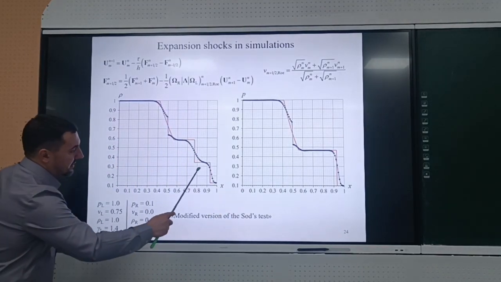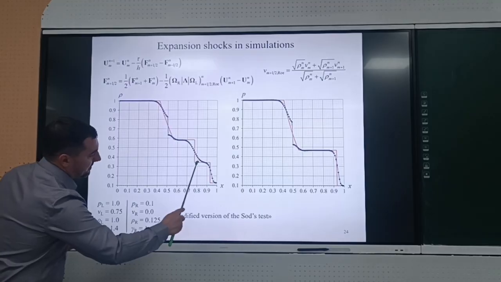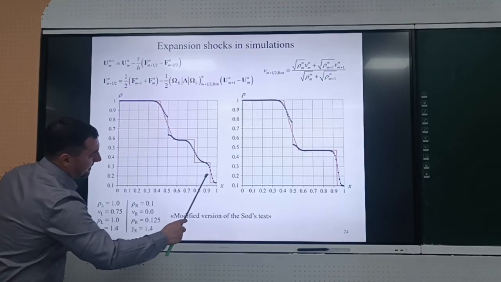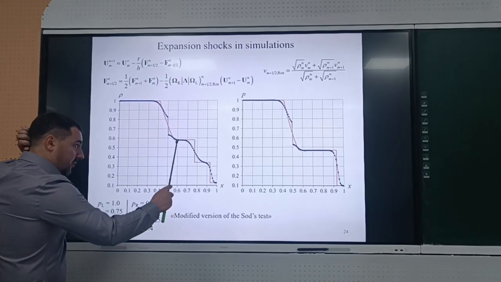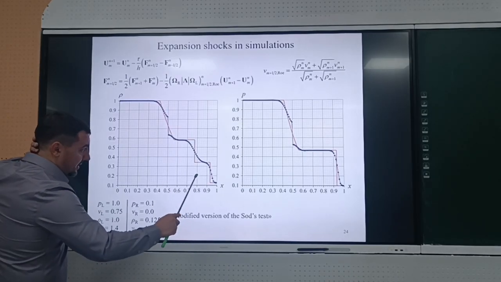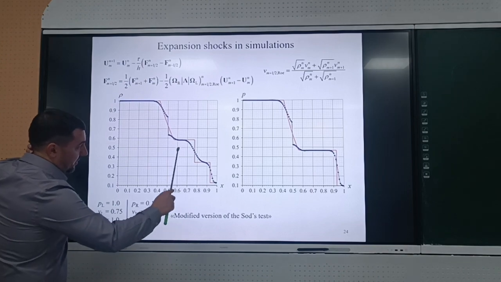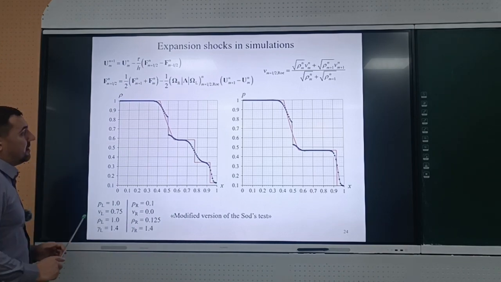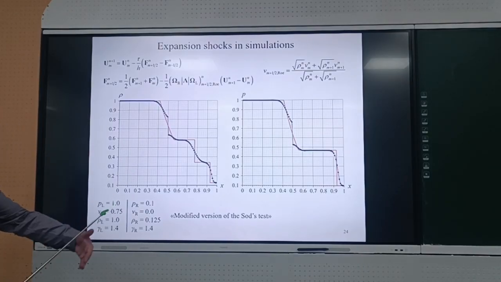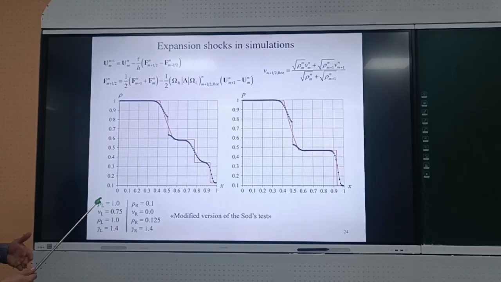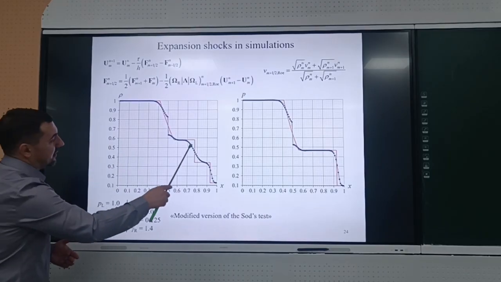So today we discussed how to find these parameters, if you know the shock speed. So we discussed the shock waves and contact discontinuities. Next time we are going to discuss refraction waves. And after that, I'm going to discuss with you how to build this exact solution.